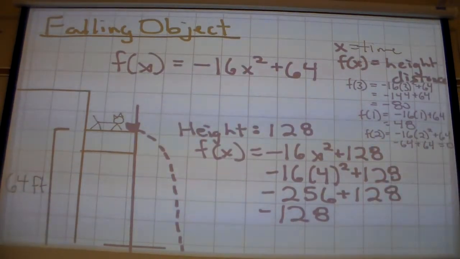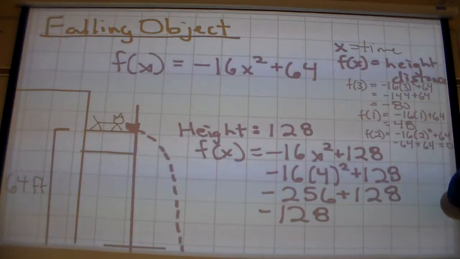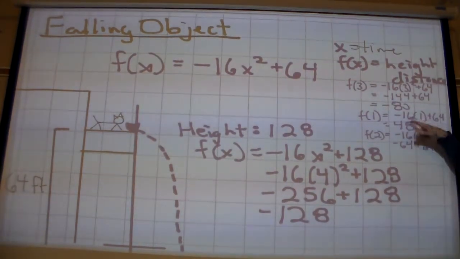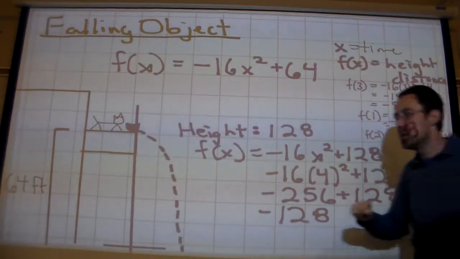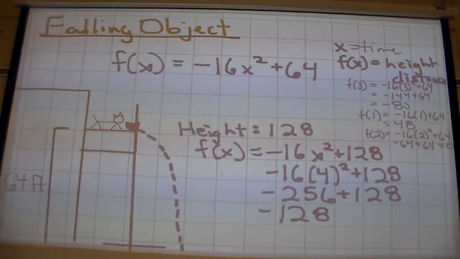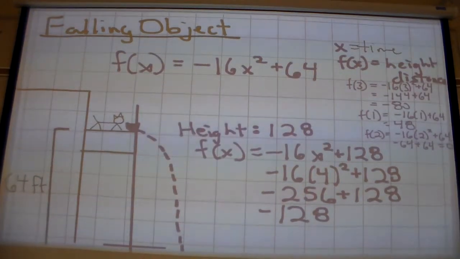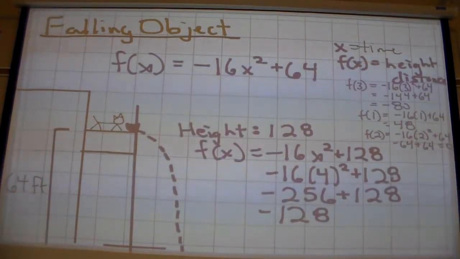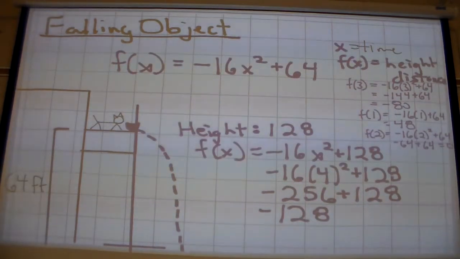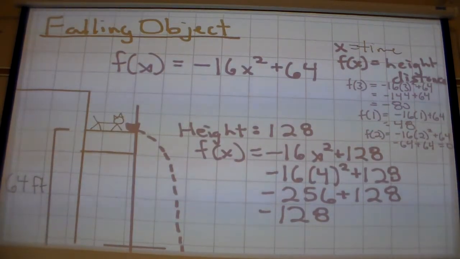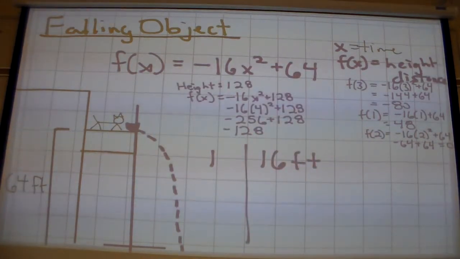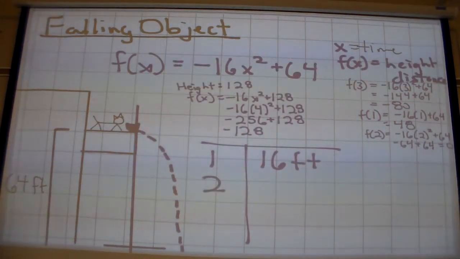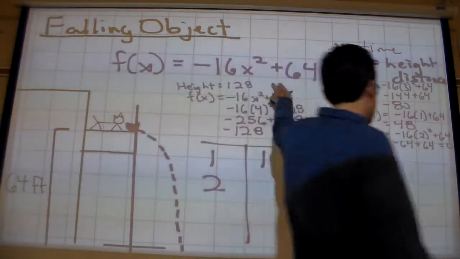Let's take a step back here. How far did it fall in 1 second? 16 feet. In 2 seconds, how far did it fall? 64 feet.